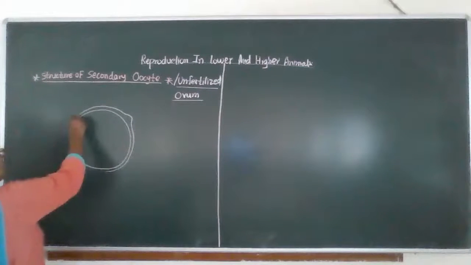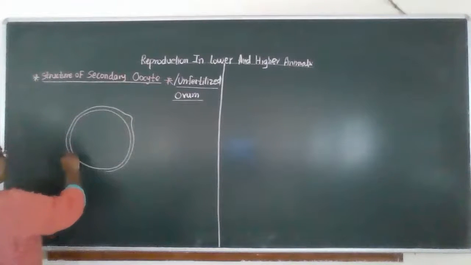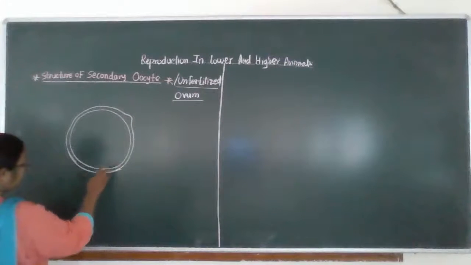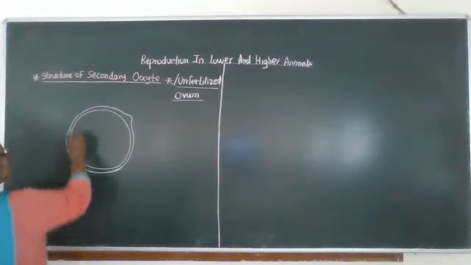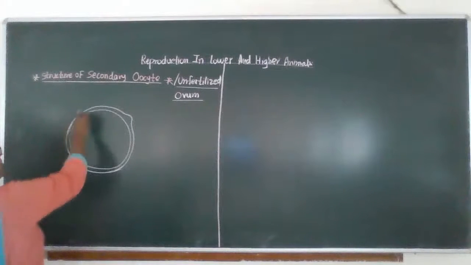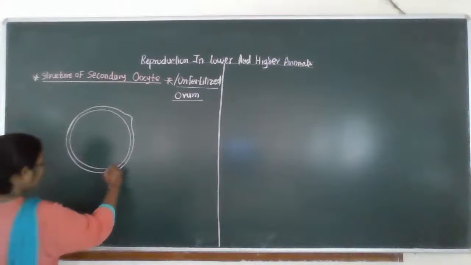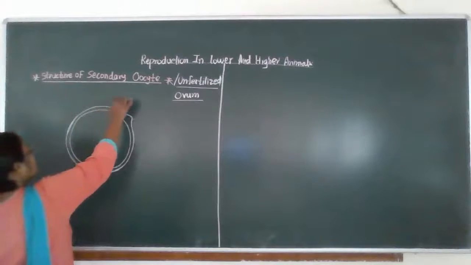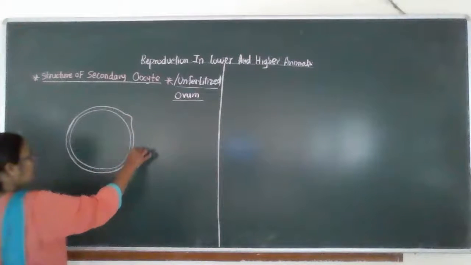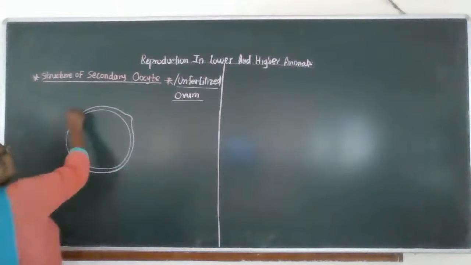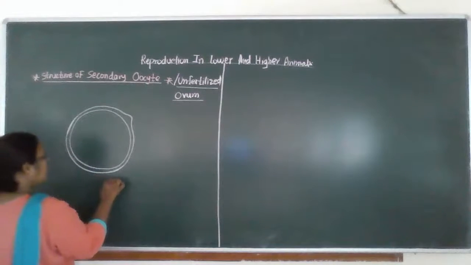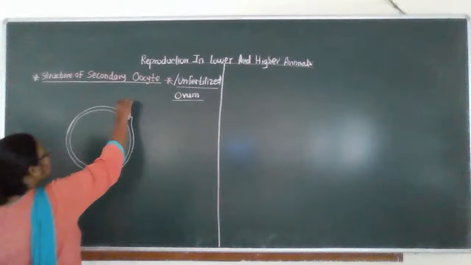Then around it there is a transparent non-cellular membrane called the zona pellucida.